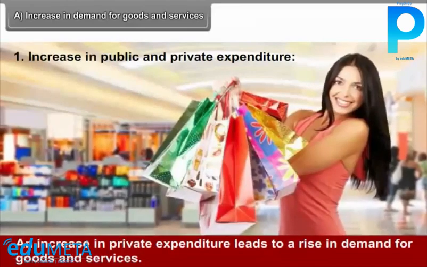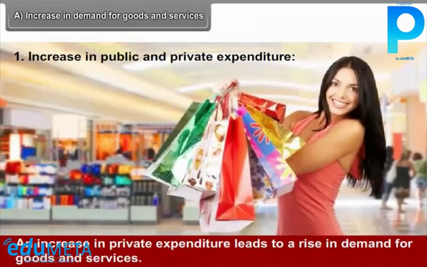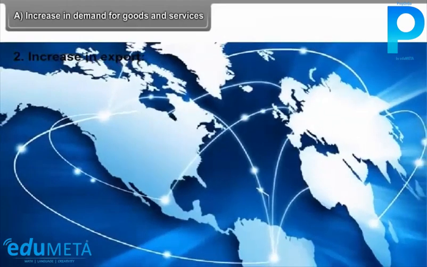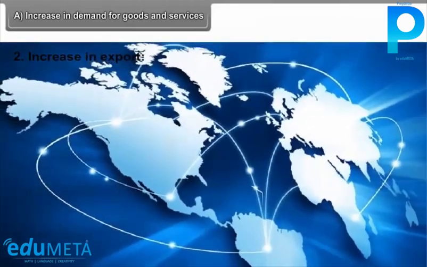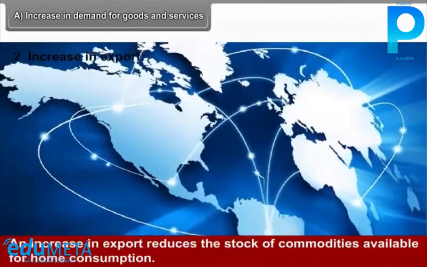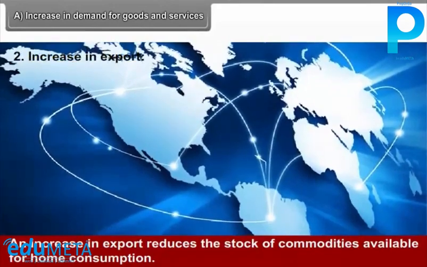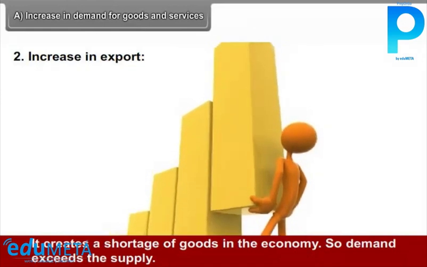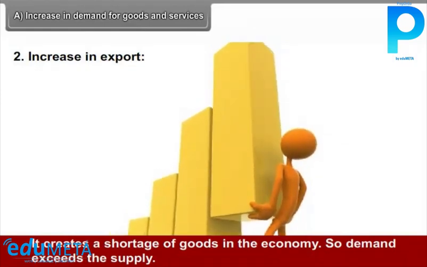An increase in private expenditure leads to a rise in demand for goods and services. 2. Increase in export. An increase in export reduces the stock of commodities available for home consumption. It creates a shortage of goods in the economy, so demand exceeds the supply.